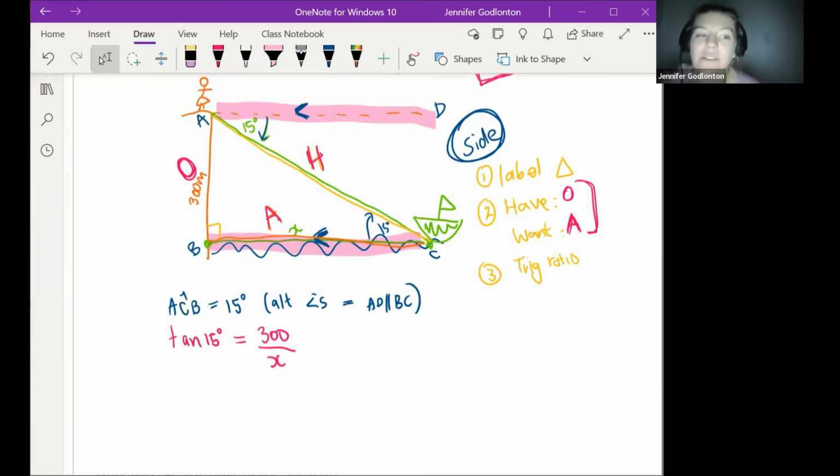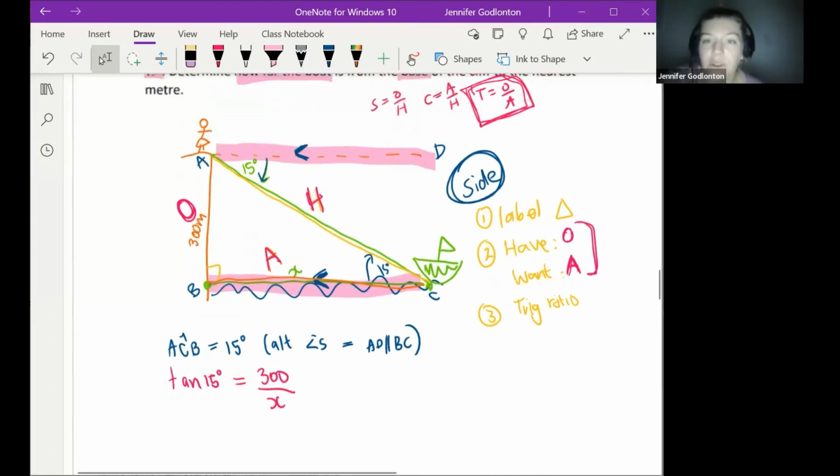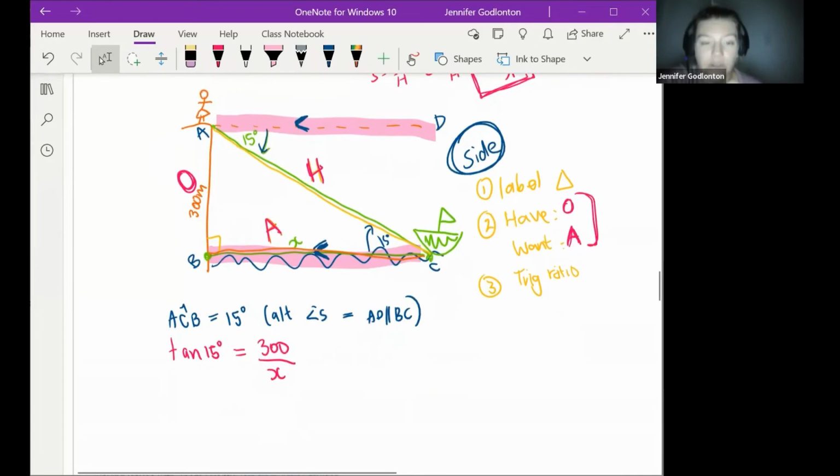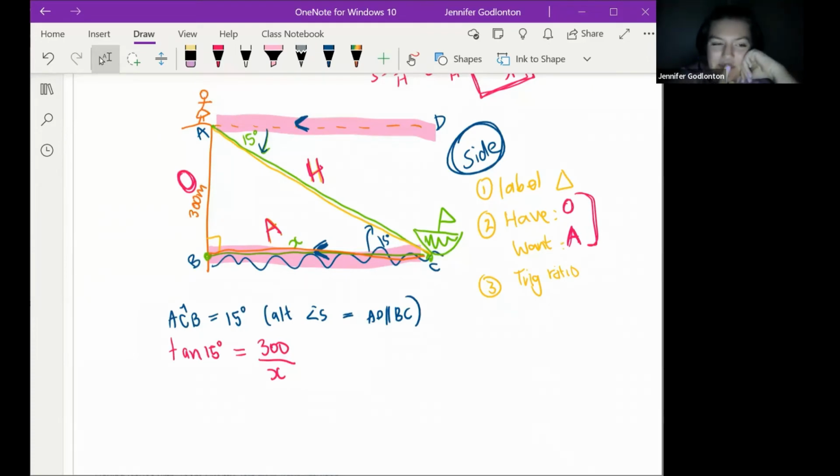So you can have your answers ready to send. And I wanted it rounded off, remember the question said to the nearest meter. So no decimal places, I want it to the nearest meter. Go, tell me what the answer is.